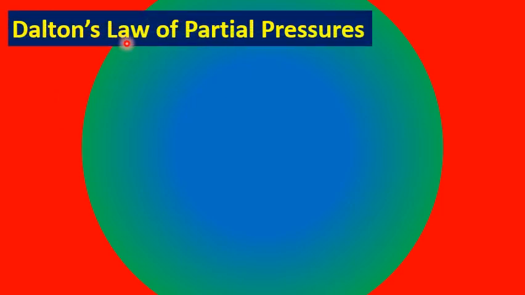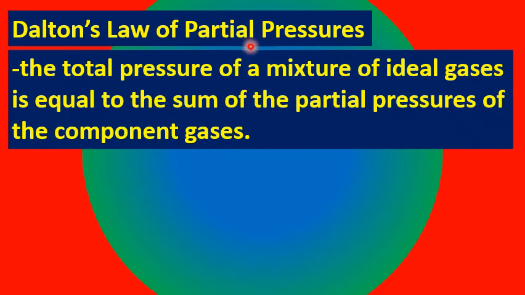Before we answer these questions, let us look at Dalton's law of partial pressures. It says that the total pressure of a mixture of ideal gases is equal to the sum of the partial pressures of the component gases.